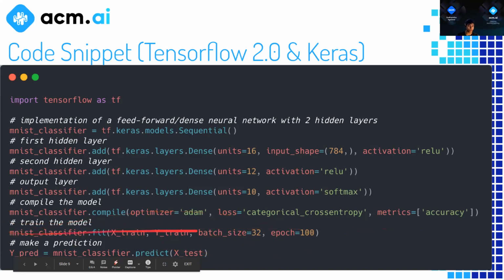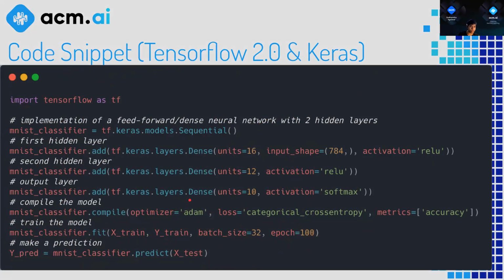So this line of code does all of the back propagation, the gradient descent, all the gradient computations, everything else we covered. Again, very nicely summarized in this one line of code. Once that's done, we just make our predictions. So TensorFlow is built on the back end, which is known as Keras, and it's a very simple API to use.